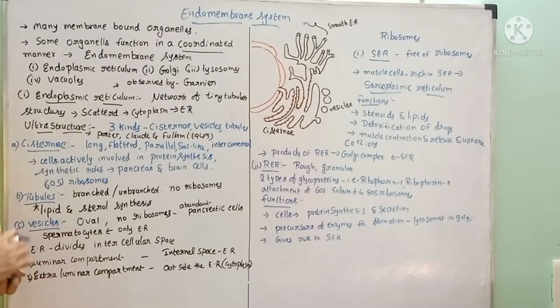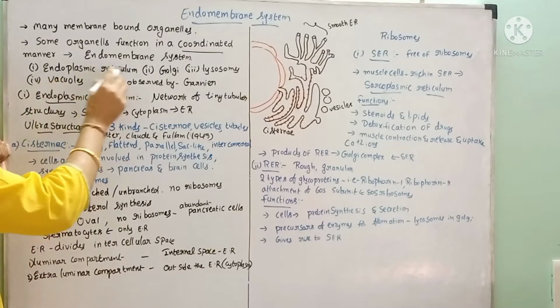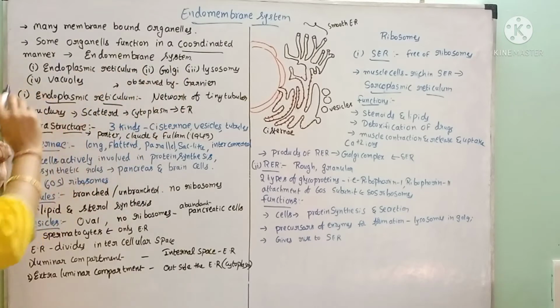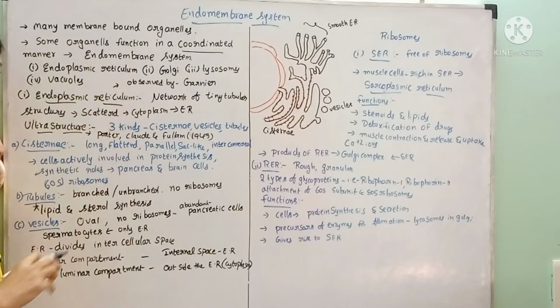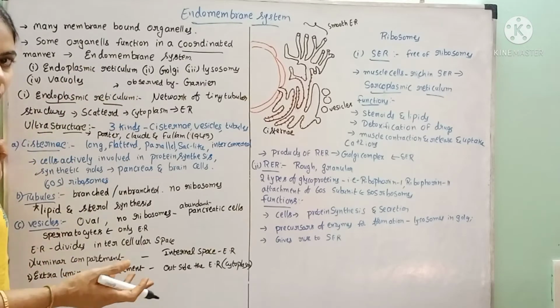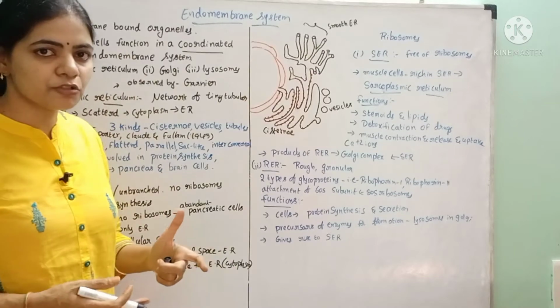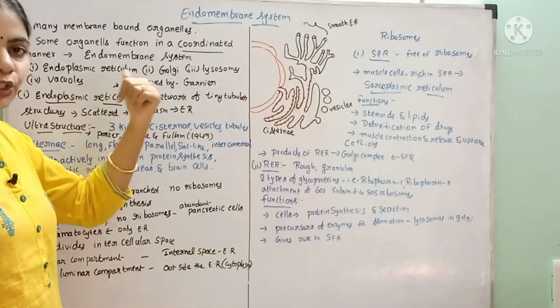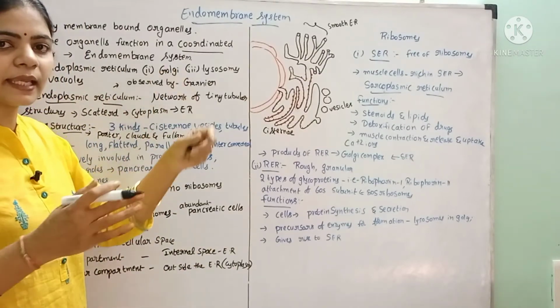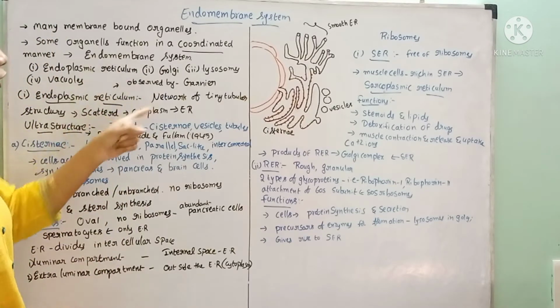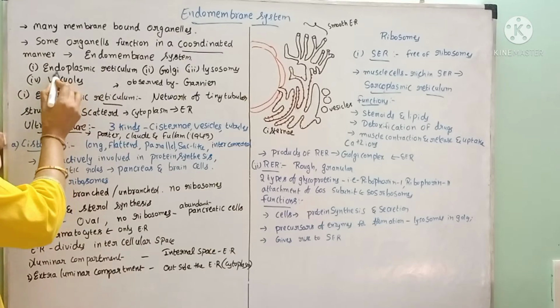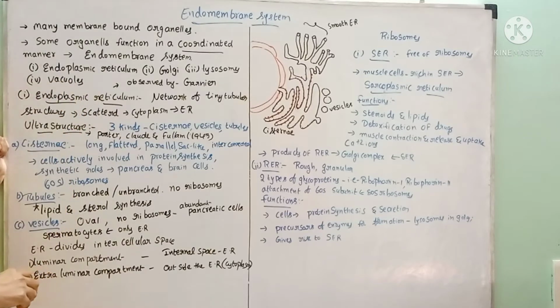Those organelles are the endoplasmic reticulum, Golgi, lysosomes and vacuoles. These four coordinate with each other and form the endomembrane system. The remaining mitochondria, chloroplasts and peroxisomes do not coordinate with the endomembrane system, hence they can be studied separately. In the endomembrane system, the first one is the endoplasmic reticulum.